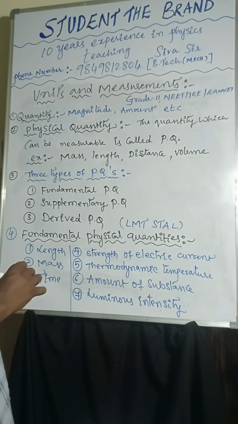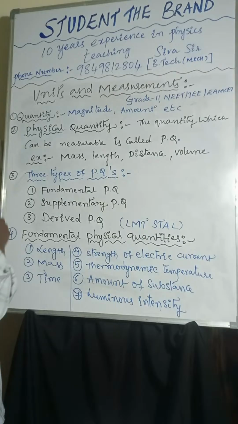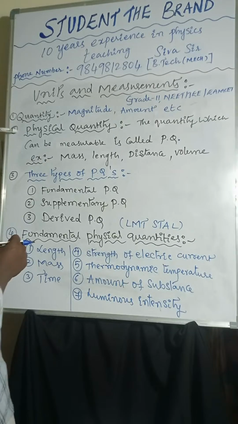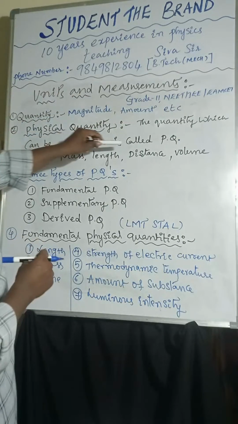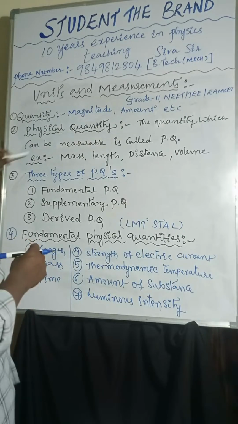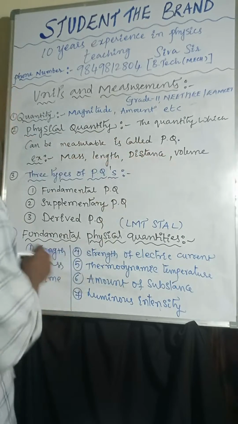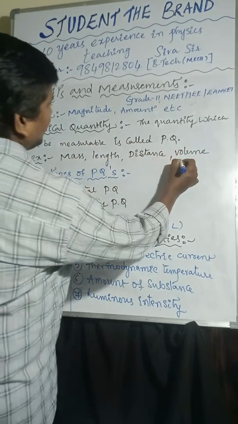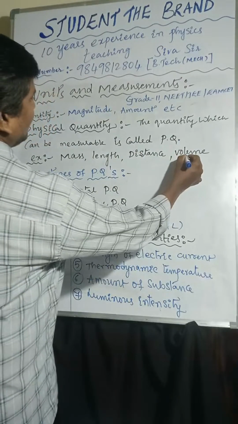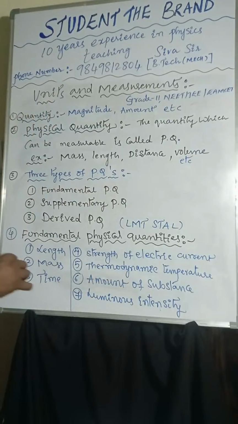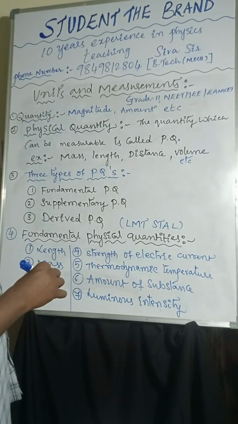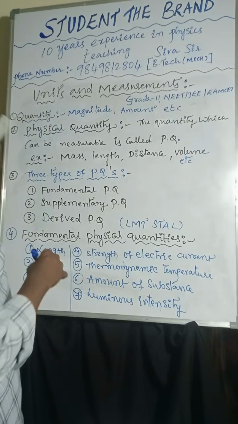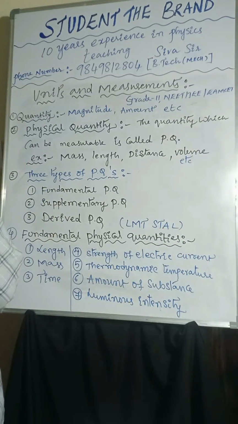So quantity gives the answer for how much or how many; it's a magnitude or amount. A physical quantity is a quantity which can be measured, for example mass, length, distance, volume, and so many more. Next, there are three types of physical quantities: fundamental, supplementary, and derived.